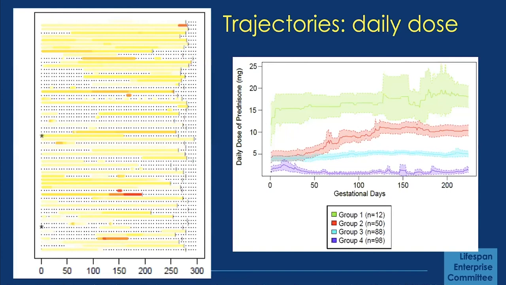In this example, each line is a woman. The black dots are where there was no oral corticosteroid use. So you can see someone used it, stopped, used it, stopped, whereas others used it all the way across gestation. And so the question was whether these would work well in the trajectory methods.